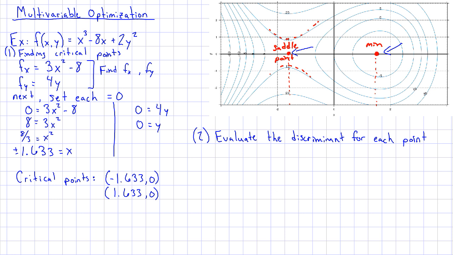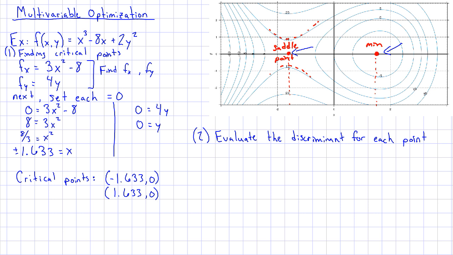So for each of these points, I want to know what's happening to the concavity. I want to know if the concavity is uniform, meaning it's all the same direction no matter where you go. So if I'm looking in a full 360 circle, if I were standing on that point, it would either be concave up or concave down for that entire circle, if I spin around, right? If it is not uniform, then that means it's a saddle point. If it is uniform, that means we need to then determine whether our concavity is up or down, and then we'll have our answer to whether we have a max or min.